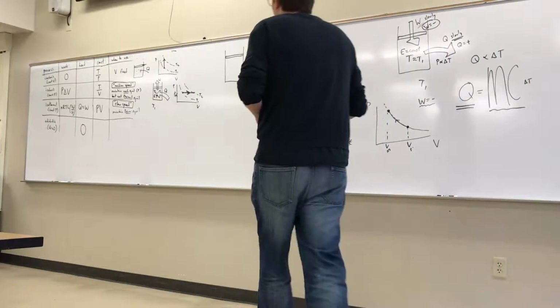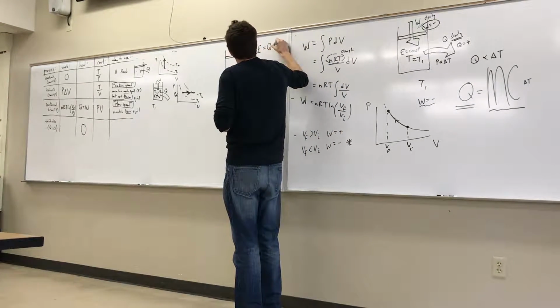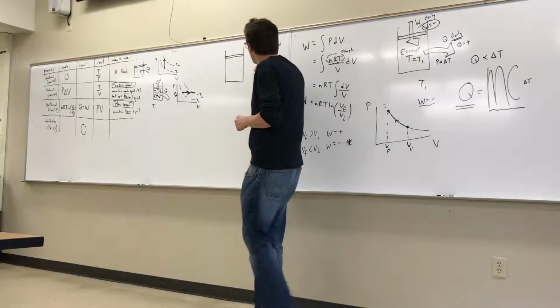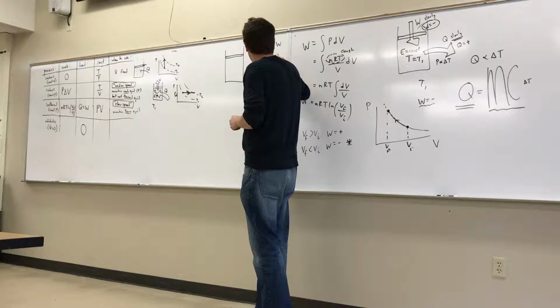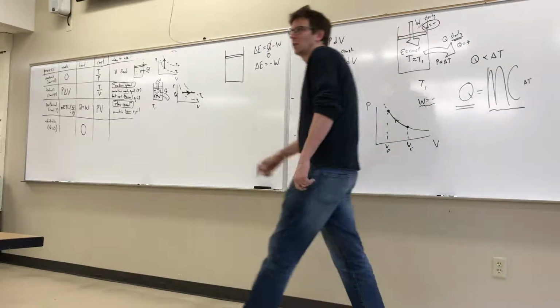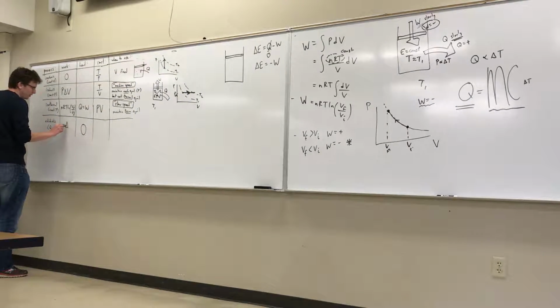Work, that's right. So, what does it look like? If this is 0, then you get delta E is minus W. So what's the work? Well, we can put it over here. It's minus delta E.